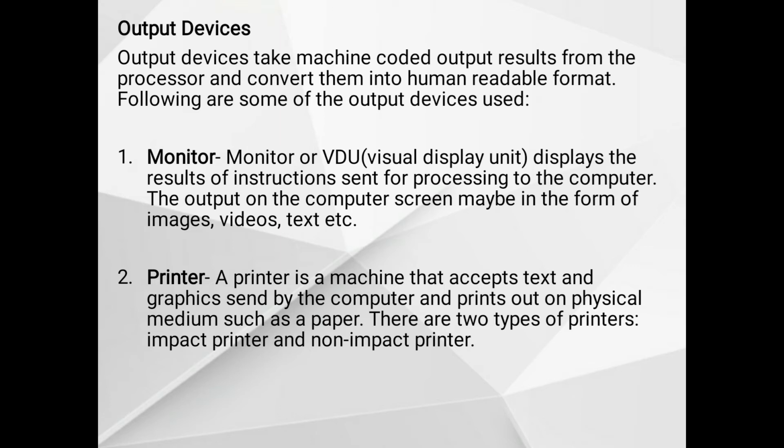Next we have the printer. A printer is a machine, an output device that accepts text and graphics, that means characters and images, sent by the computer. Whatever you see on the computer screen, be it a textual document or a graphic image, will be printed out with the help of the printer.